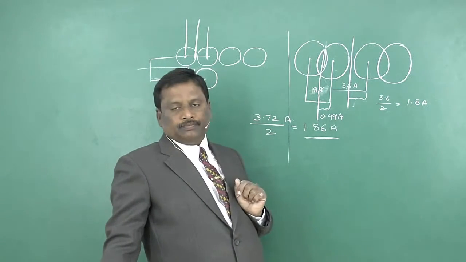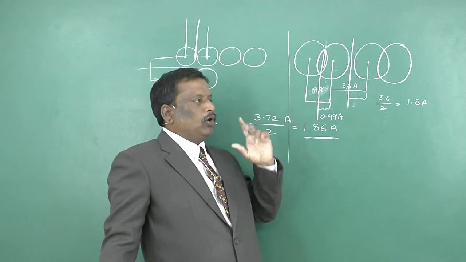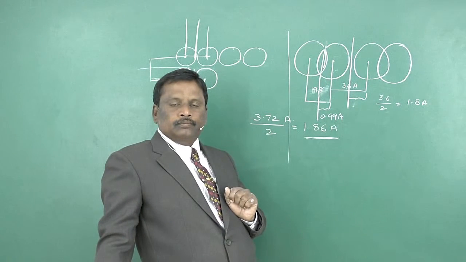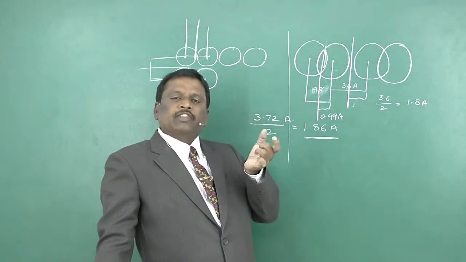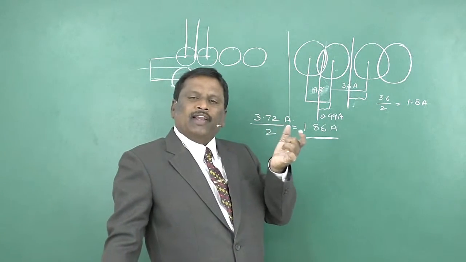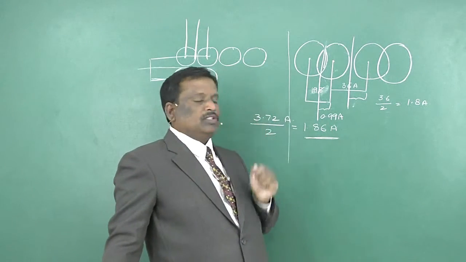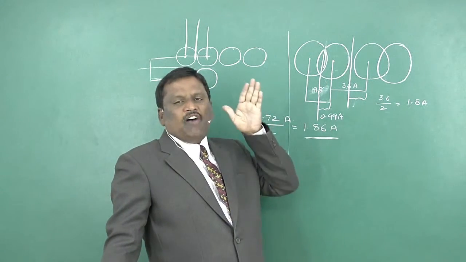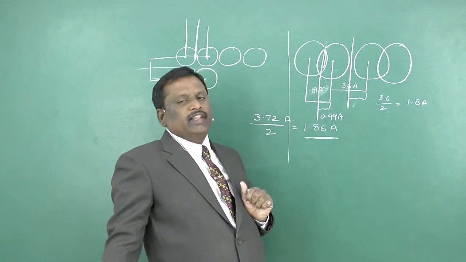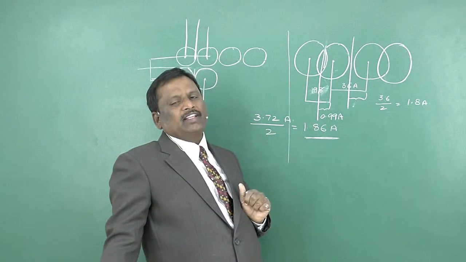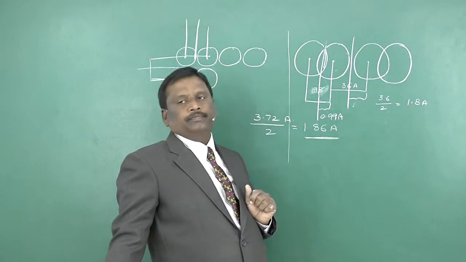For example, when two chlorine atoms are involved in a covalent bond to form a Cl2 molecule, the distance between the two nuclei of the two bonded chlorine atoms is 1.98 angstroms. Half of the internuclear distance is 1.98 by 2, that is 0.99 angstroms, which is the covalent radius of chlorine.